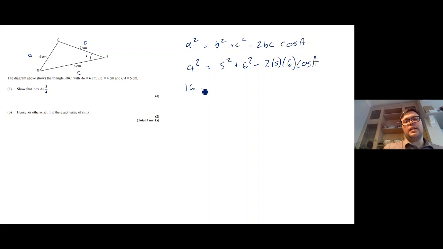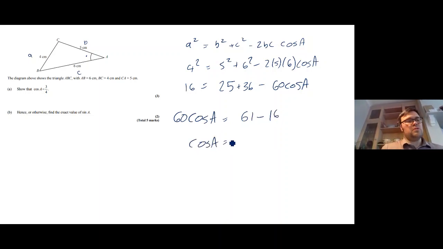We then have 16 is equal to 25 plus 36, minus 60 cos A. Rearranging this, we have 60 cos A is equal to 61 minus 16, and therefore cos A equals 45 over 60, which is 3/4. Nothing wrong with putting a QED, the Latin for thus proven. So we've now done that part.